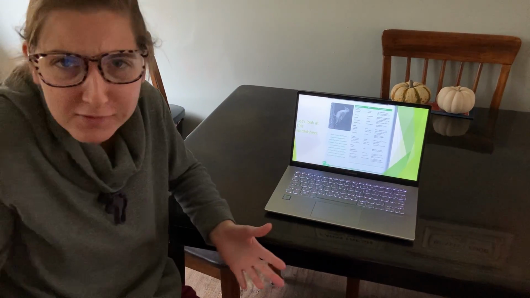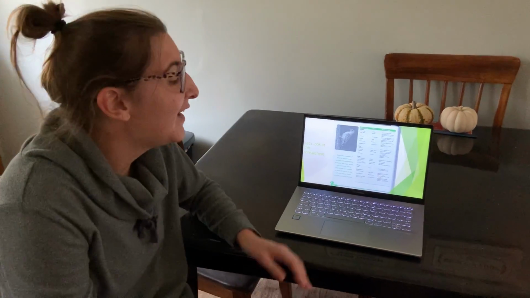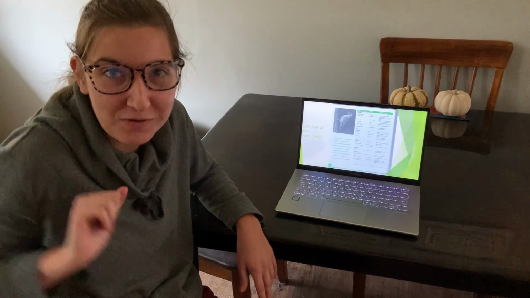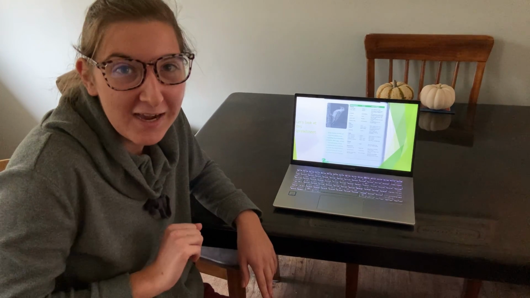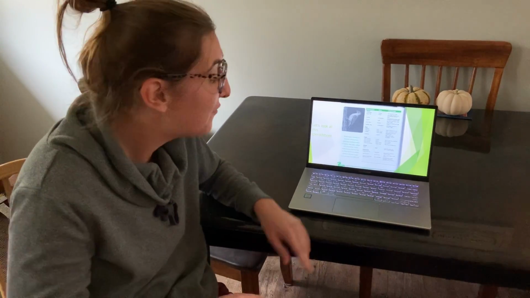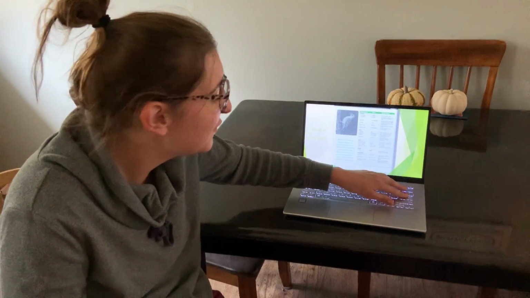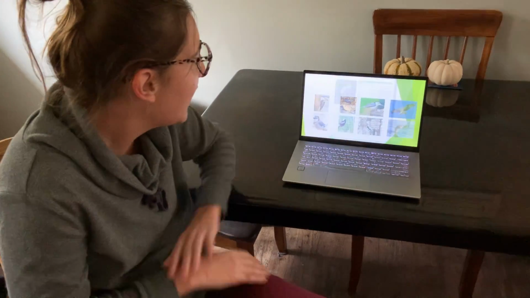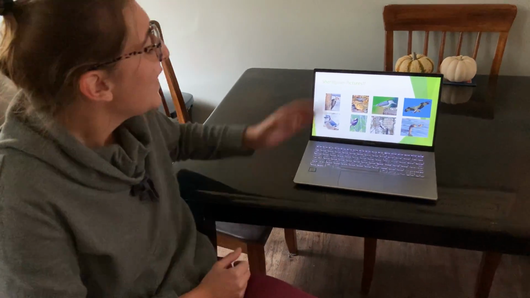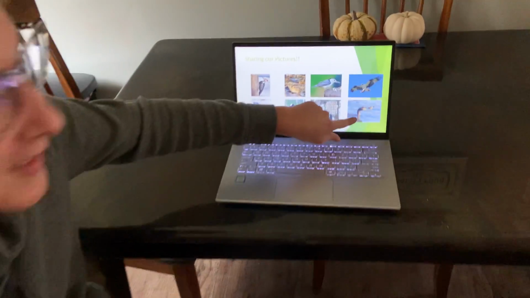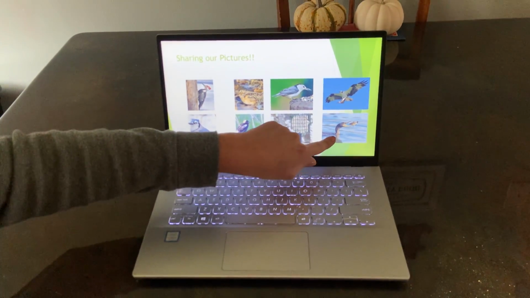Have you ever seen a duck before? I'm sure you have. I know that I go down to the river here in River Falls and see the ducks swimming in the river there. I'm sure you've seen ducks flying around. So let's look at the pictures that you brought in. Oh my goodness, look at this one. This one is about to catch a fish for food.